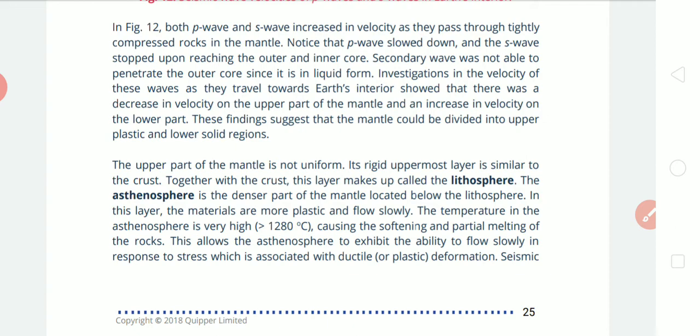In this layer, the materials are more plastic and flow slowly. The temperature in the asthenosphere is very high, causing the softening and partial melting of the rocks.